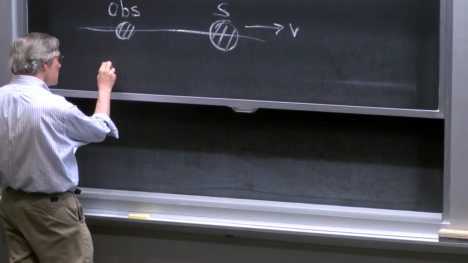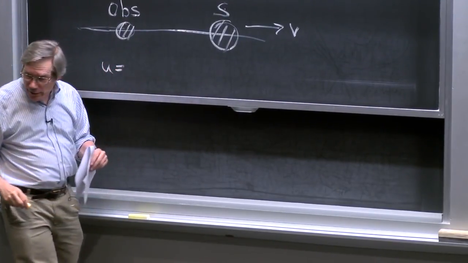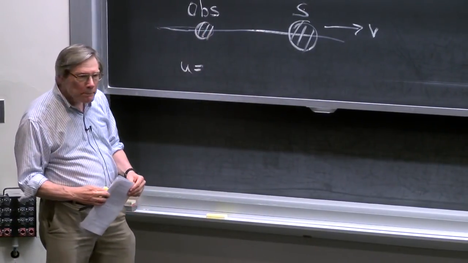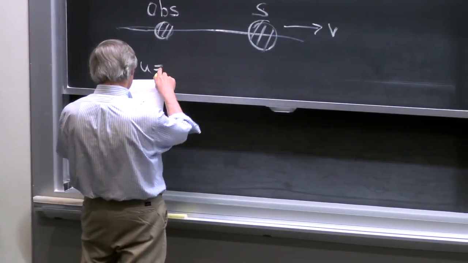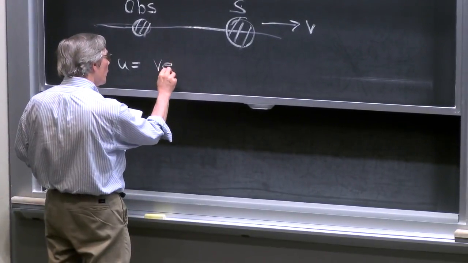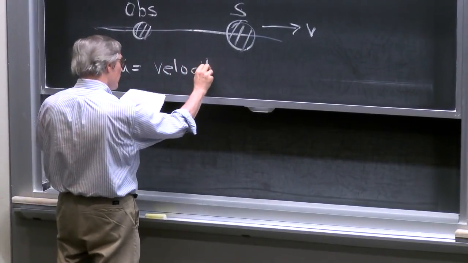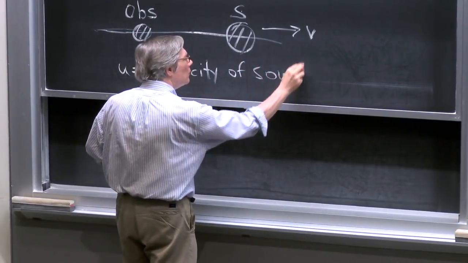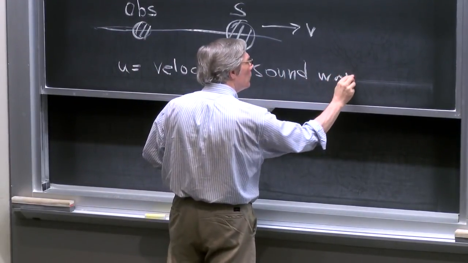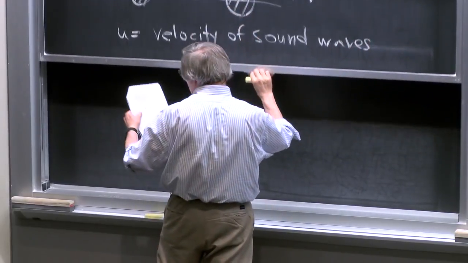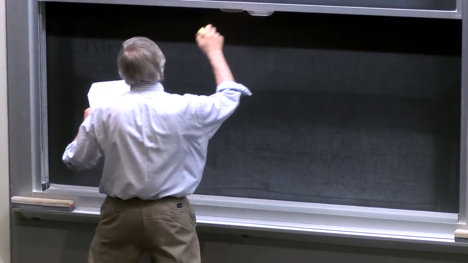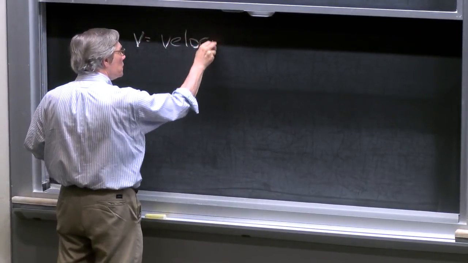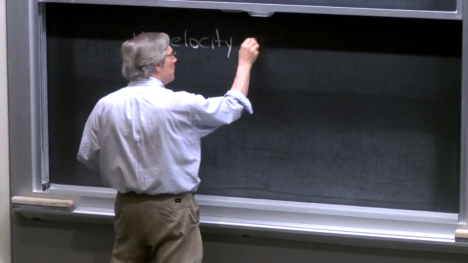We are talking initially about sound waves, waves which have a fixed speed relative to some medium. And the speed relative to the medium will be called u. V will be the velocity of recession, as shown on the diagram.